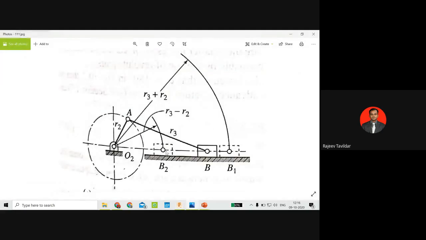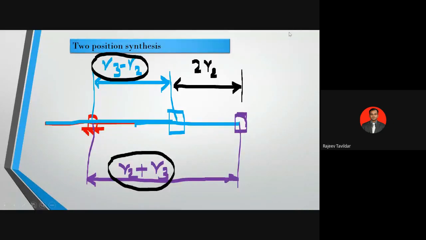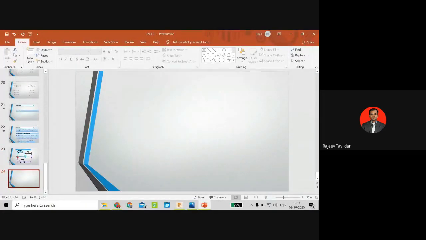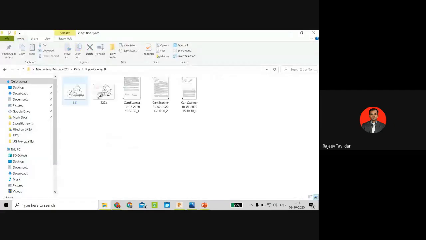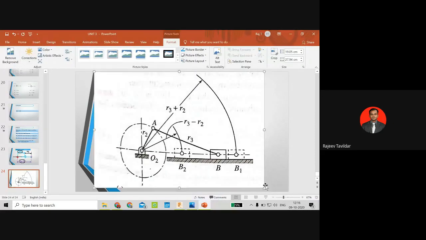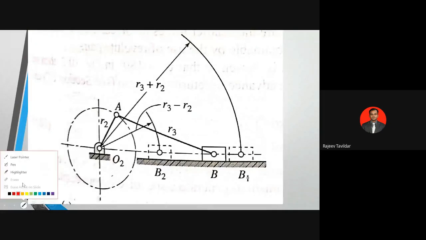Let me go to this diagram here, which is available in the textbook. Okay, so O2A is the crank R2, and they have shown some initial position of the slider as point B. So the slider will move towards the extreme right.